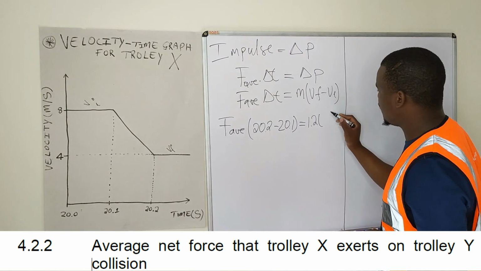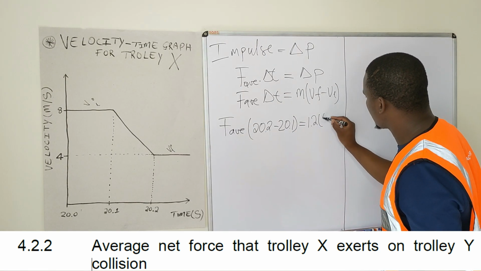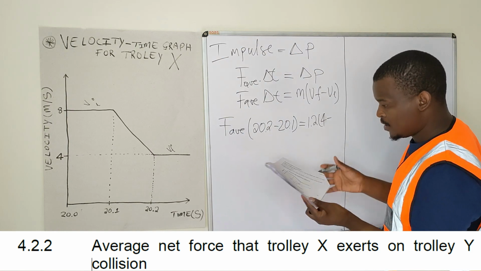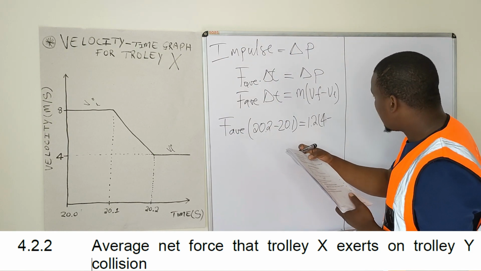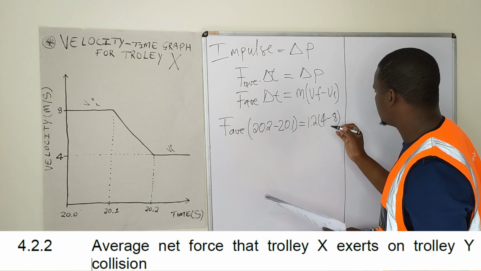Final velocity of trolley X is 4, minus the initial velocity, which was 8.